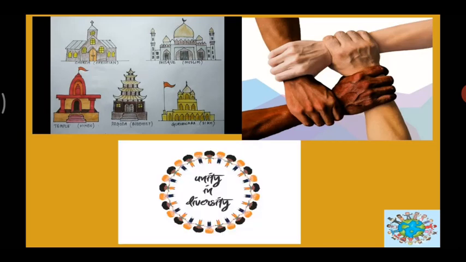There is unity in diversity in India. Why diversity? Because we have different languages, different dishes, different clothes, right? This is all called unity in diversity, and our country, India, has that diversity.